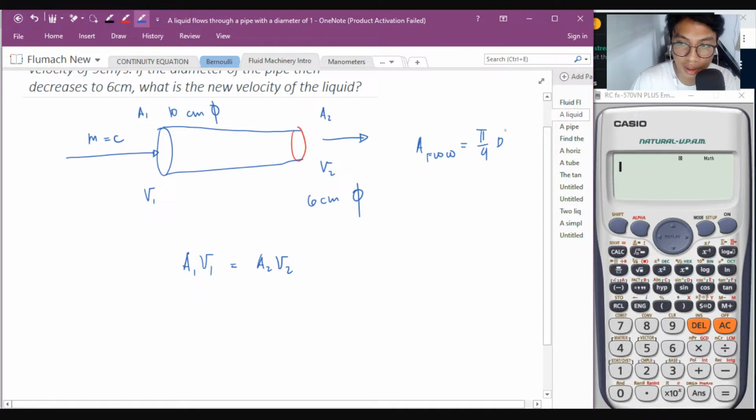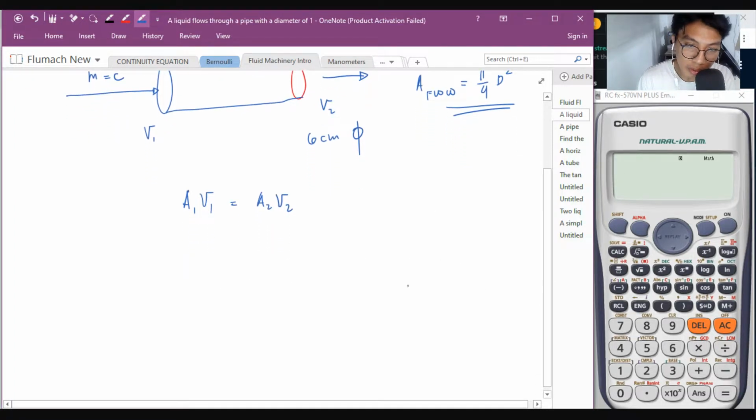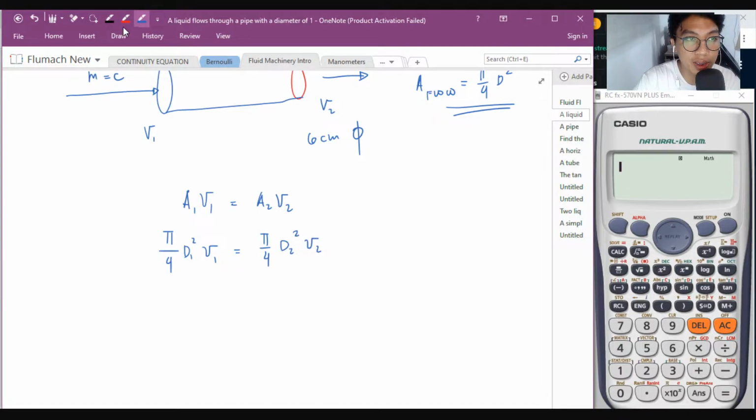Yung area ng flow. Now, we substitute that to the equation, pi over 4 d1 squared, velocity 1. Tapos yung pi over 4 d2 squared, velocity 2. Ngayon, cancelable naman yung pi over 4 dyan kasi same lang sila.